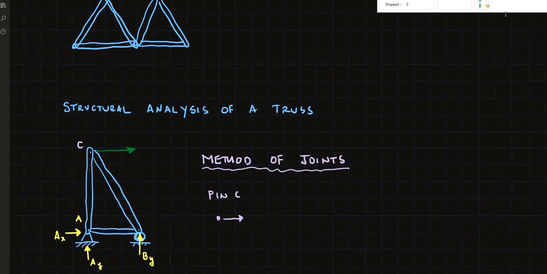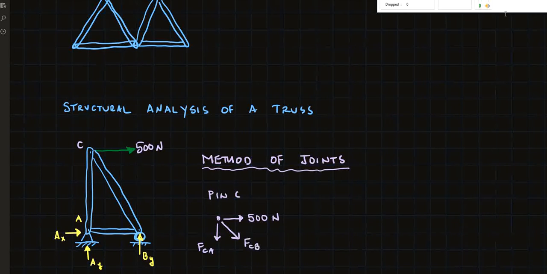So let's say this has a 500 Newton force on it. We've got 500 Newtons at pin C. We've got a force CA, and then we've got a force down here, CB.